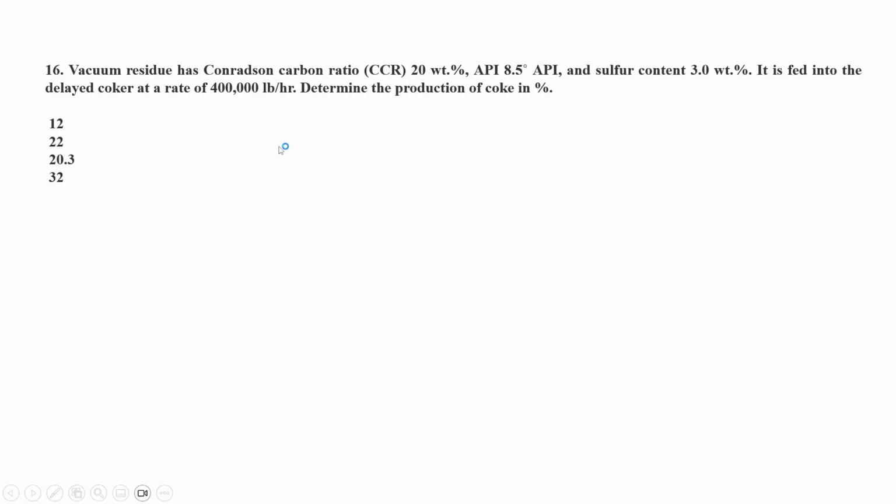So coke yield is 1.6 into weight percent of CCR. It is 1.6 into 20, which gives 32. So the answer is 32. The production of coke is 32%.